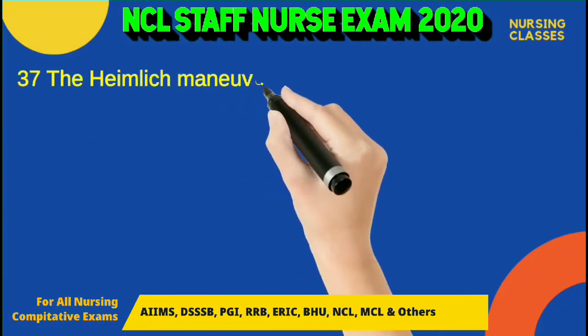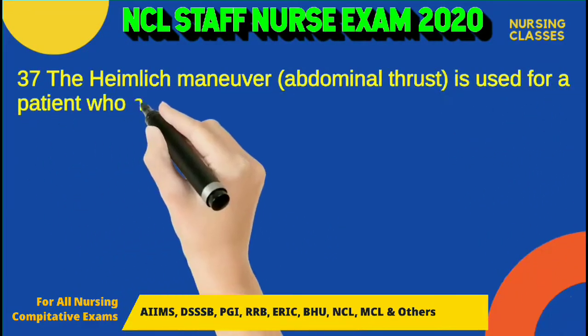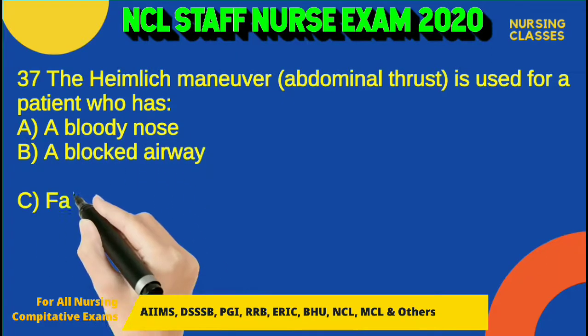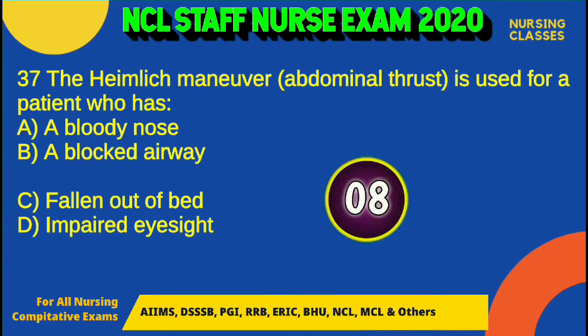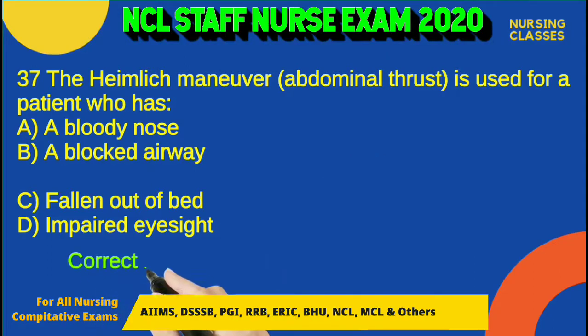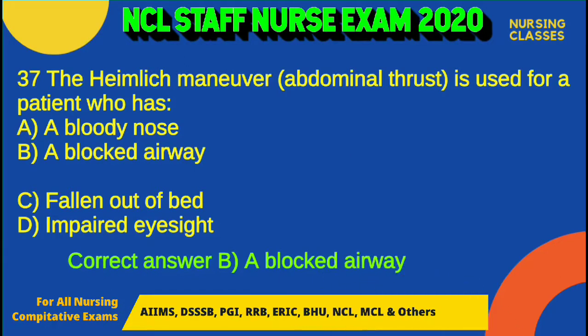37. The Heimlich maneuver, abdominal thrust, is used for a patient who has A. A bloody nose. B. A blocked airway. C. Fallen out of bed. D. Impaired eyesight. Correct answer B. A blocked airway. 38.